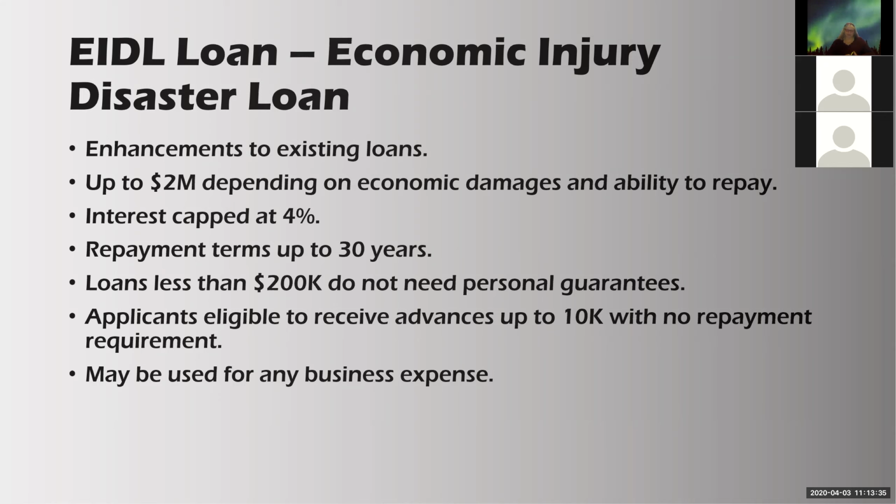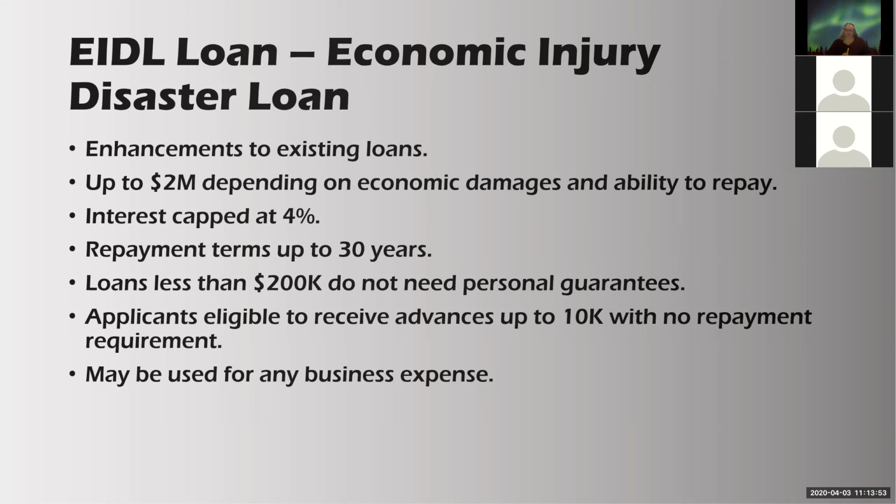So basically what you have to do is figure out which one is going to be the best benefit for you. If you have a lot of really good employees that you want to keep, then the payroll protection one will be better for you because it has the forgiveness amounts.